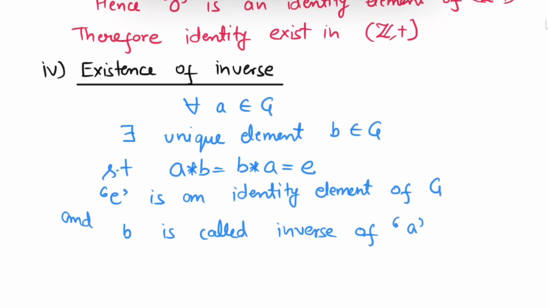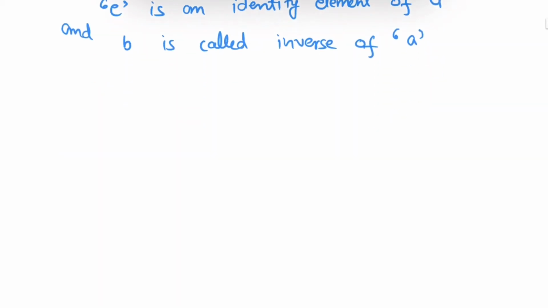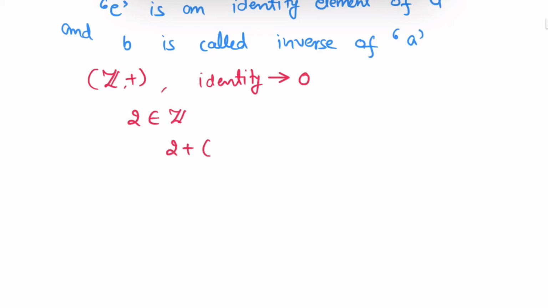For example, in (Z, plus), the identity is 0, and if we take the element 2 of Z, then we know that 2 plus minus 2 equals the identity 0.